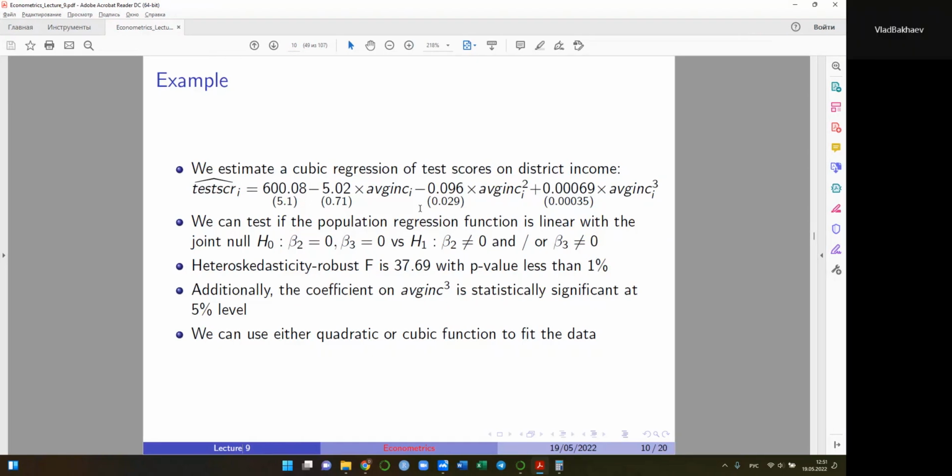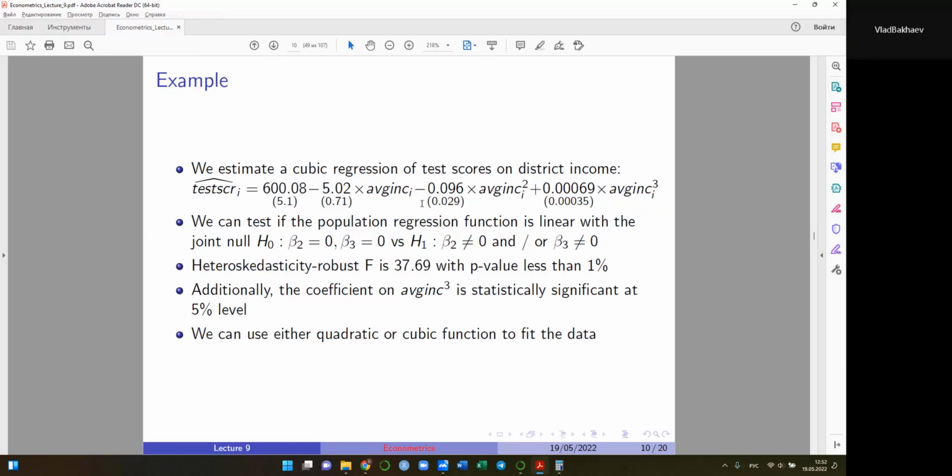Practically, it's one variable, but this one variable enters the regression in the first power, in the second power, in the third power. Technically, yes, we treat average income and average income squared as two different regressors, but logically this is the same variable, right?